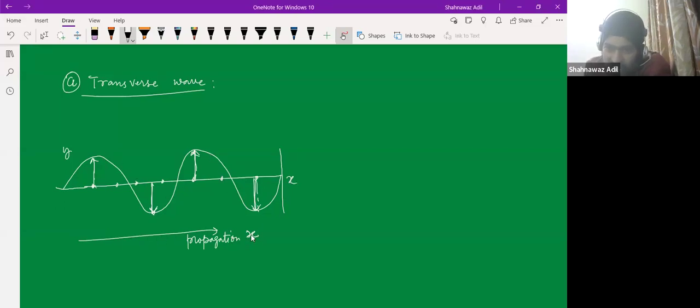So the propagation is taking place in X direction, but these particles are moving in Y direction. So whenever these kind of waves are generated, this is called crest, and this is called trough, right?